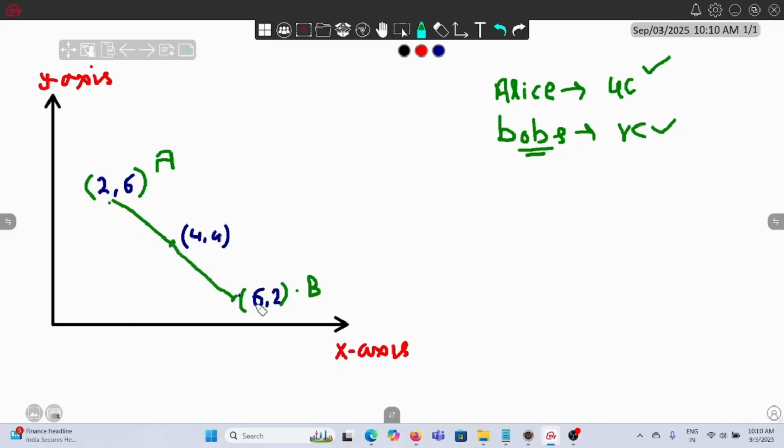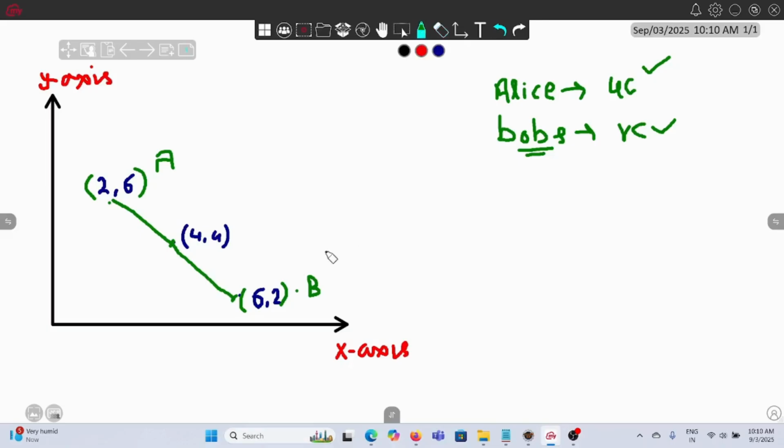If we get the slope of this line, it is 6 minus 2 divided by 2 minus 6, which gives us minus 1. This clearly says that 4 4 is also lying on the same line. So there is a violation, and we cannot put Bob at 6 2, because even though it looks like the right corner, 4 4 is lying on it.